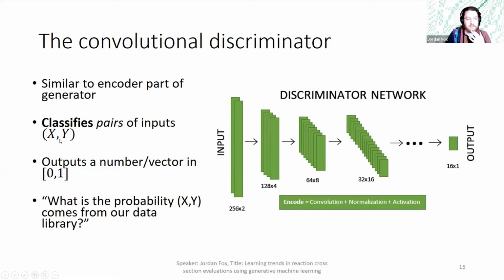This is because the discriminator classifies pairs of inputs. That's our XY pair that we were talking about earlier. And the discriminator learns to output a number or a vector in the space 0 to 1. And this is basically the answer to what is the probability that XY comes from our data library.